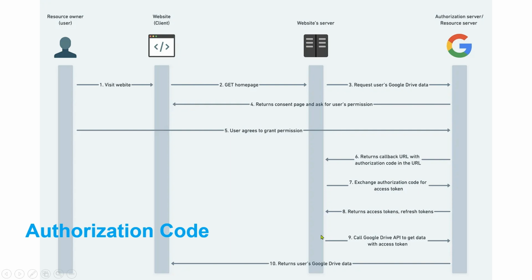Using that, it will call the Google Drive API and get the required information. So this is the flow which is secure because the access token is never exposed to the user or browser, making it ideal for server to server communication.